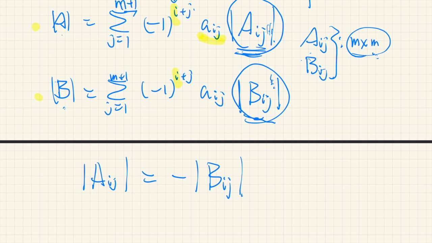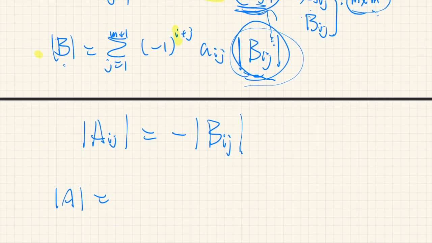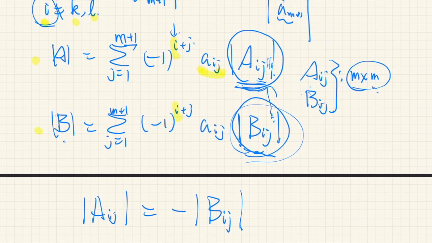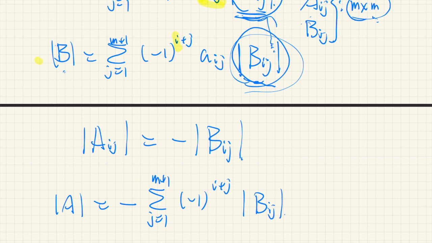So if we substitute this into here, then we have the determinant of A is equal to the negative of the sum of (-1)^(i+j) times B_ij.